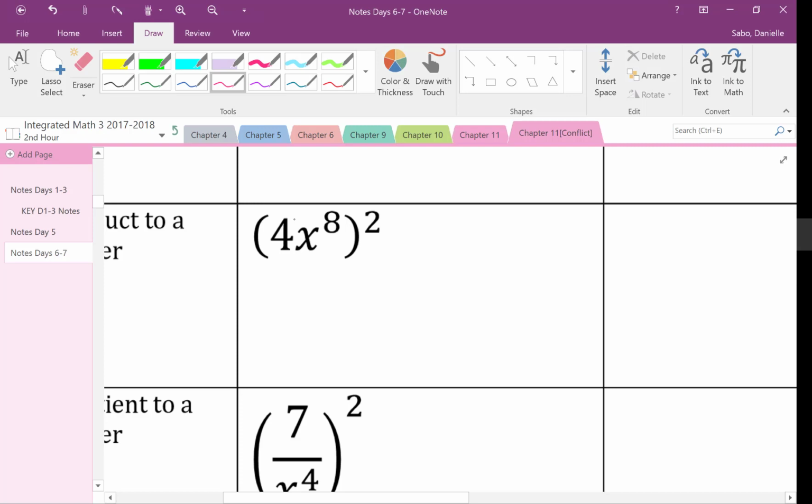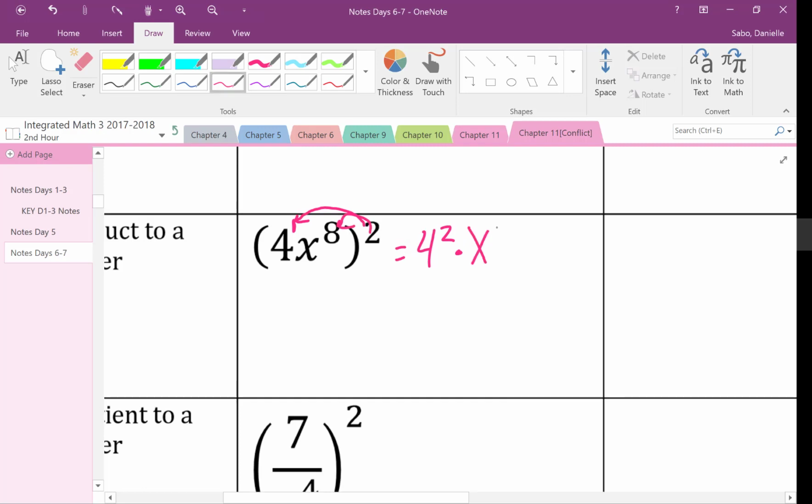Okay, so this technically has a 1 right there. So if you forget that, make sure you mark that down. So when I distribute it in, I have 4 squared, and then x to the 16th. Yep, so then we have 16, x to the 16th.